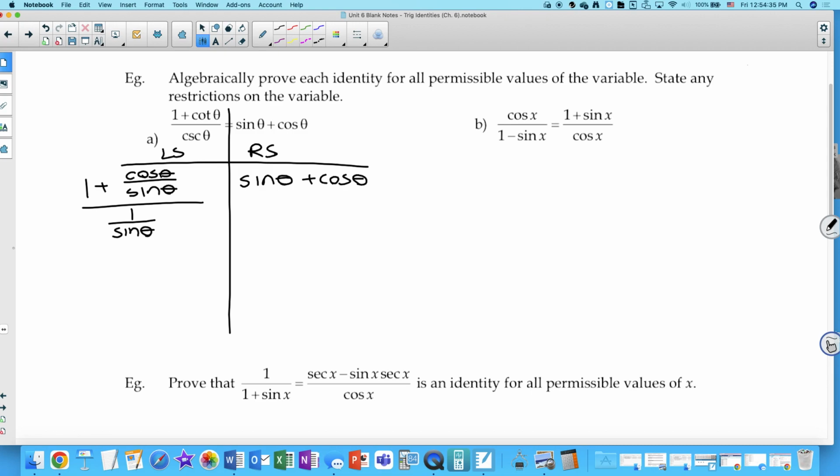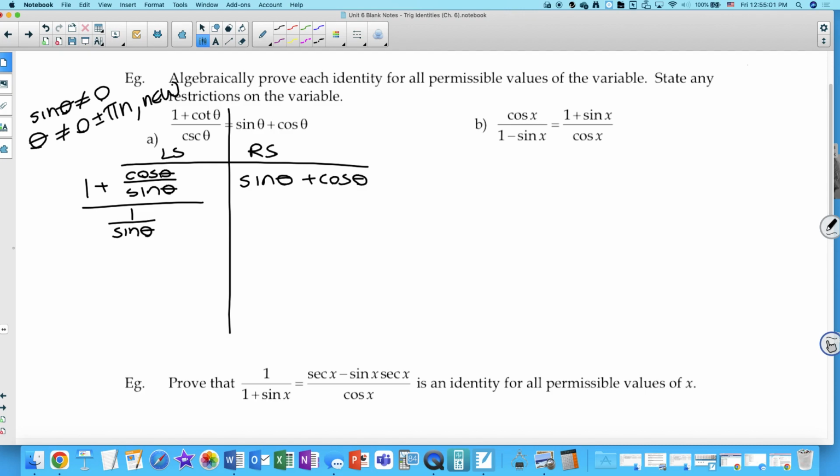So where is my non-permissible? Sine theta for both. So sine theta cannot equal 0, which means theta cannot equal 0 plus or minus pi n, where n is an element of the whole numbers. All right, so that's taken care of.